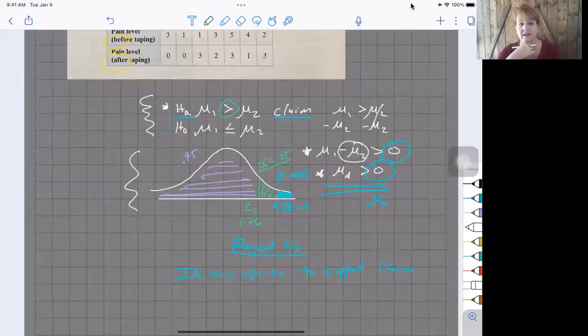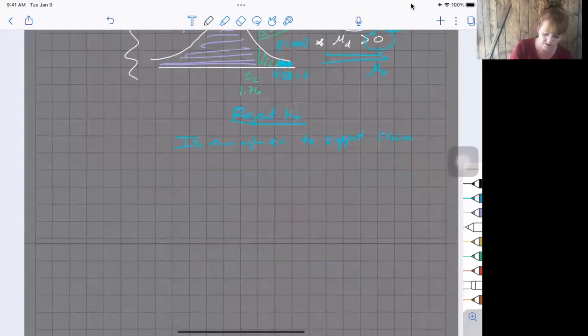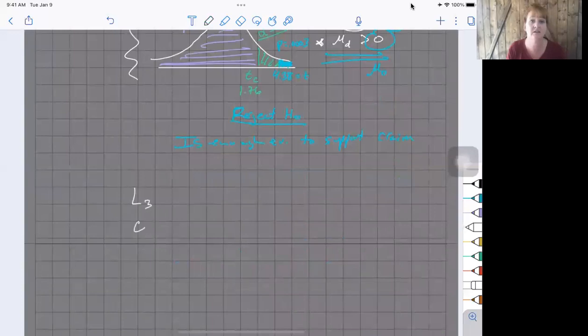Now, the book sometimes, when it talks about your list 3, so list 3 or list C for my Classcalc people, right? So this is your list 1 minus list 2, or your list A minus list B. Sometimes the book uses this notation.